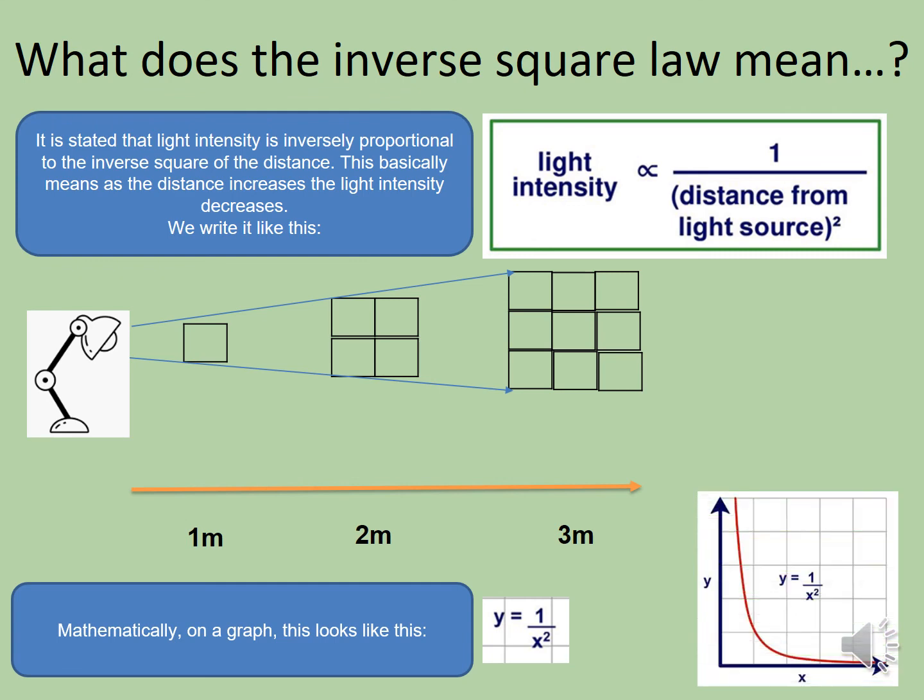And if we saw a diagram of the graph of the actual results, it would look something like this. So that's the inverse square law. That's what it means. That's where it comes from. And you need to be able to use that for the highest grades to be talking about why it is that the distance has the effect that it does on the light intensity.